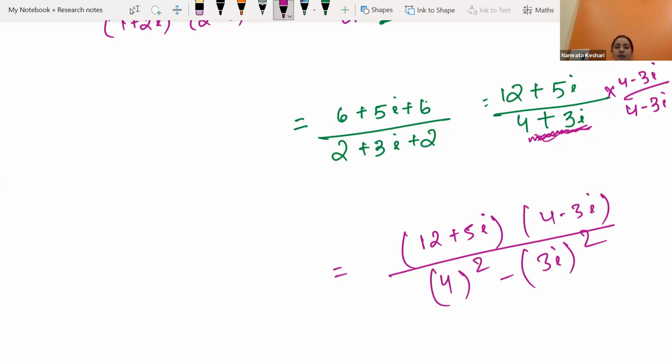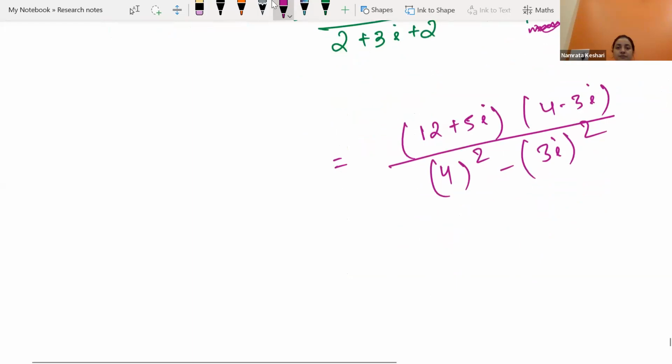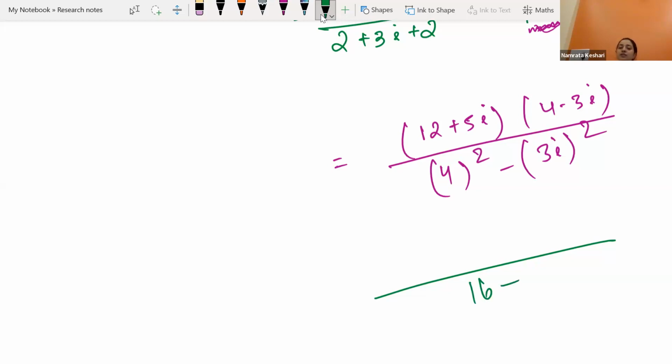Okay, let's do it. In denominator, please tell me which number we'll be having. Yes, Ali and Alina. 16 minus 9i square, i square is minus 1. So we can say 16 plus 9. Yes or no? Yes, ma'am.